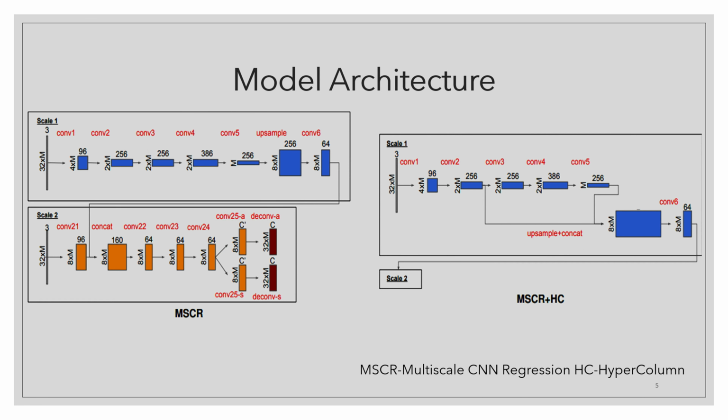Coming on to the architectural structure. There are two architectural variants that are explored for implementing the direct intrinsics network shown in the figure. The left image is motivated by the multi-scale architecture used by Eigen and Fergus for predicting depth from RGB. A similar network structure is used for direct prediction of albedo and shading from RGB and termed multi-scale CNN regression, or MSCR.